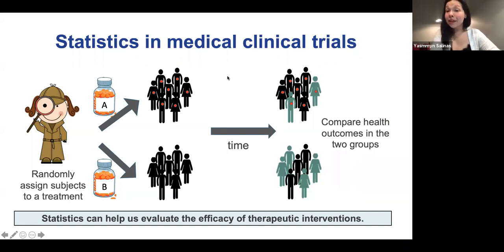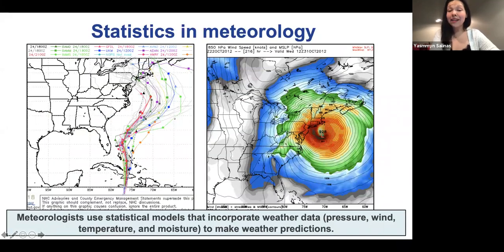So the next example I have for you is the use of statistics in meteorology. If you've ever seen the news, the meteorologists are using statistics to make predictions about our weather.